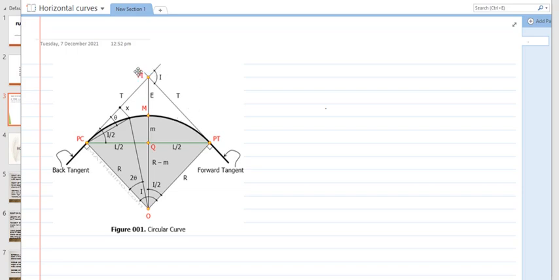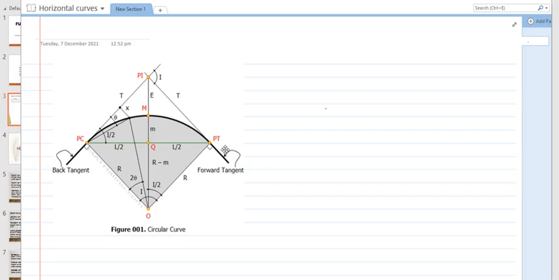That point of intersection is called the PI, or point of intersection. The first tangent encountered is called the back tangent, this line. And the second one is called the forward tangent.